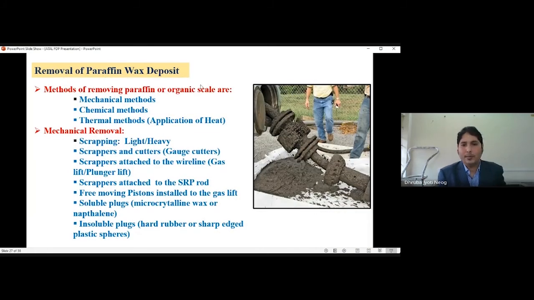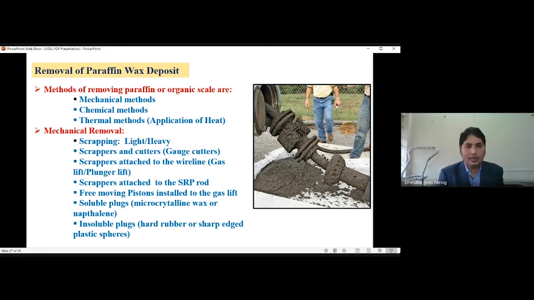How to remove these paraffin deposits from inside the well or from the deposition sites? Paraffin removal methods are of three types: mechanical methods, chemical methods, and thermal methods. In mechanical methods, physical removal of paraffin is done by using different scrapers and cutters.